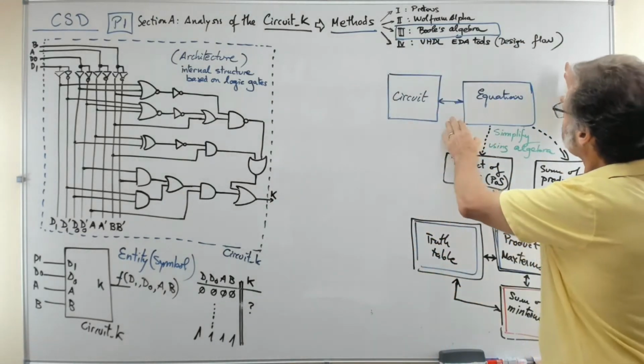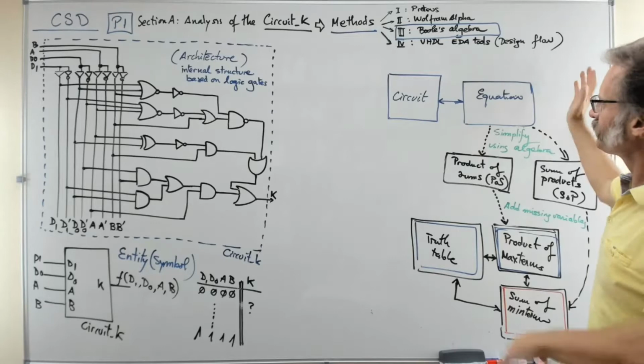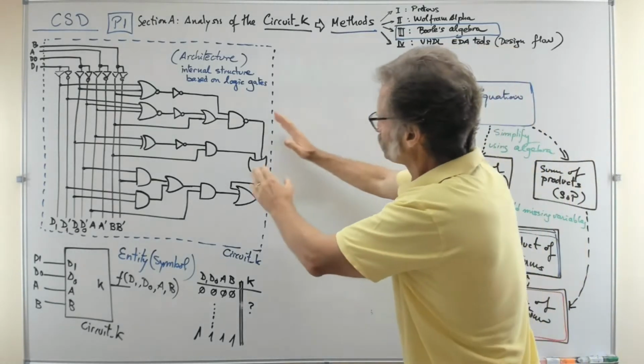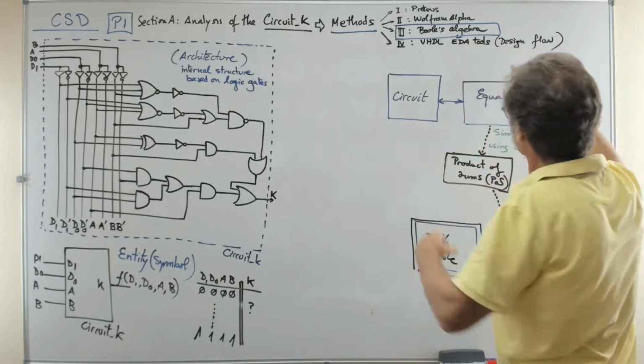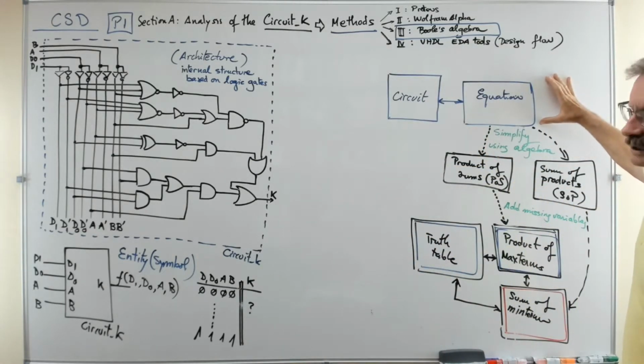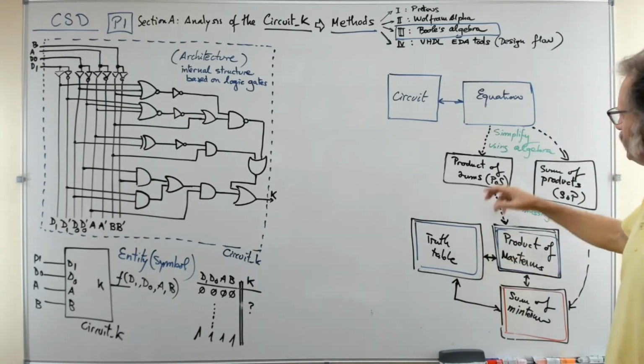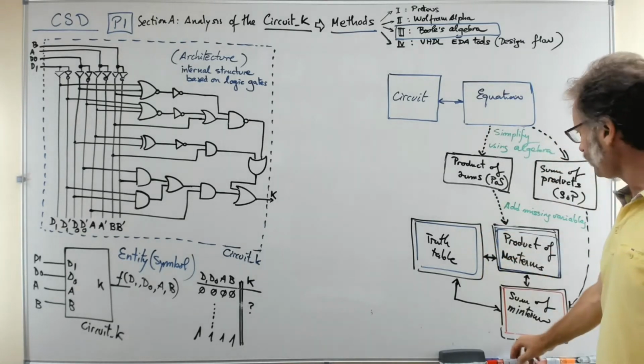And from this initial equation, from which, if you like, you can come back to the circuit or vice versa, it is the same idea. From this initial Boole's equation, you can continue down to the truth table, trying to simplify using algebra, right?